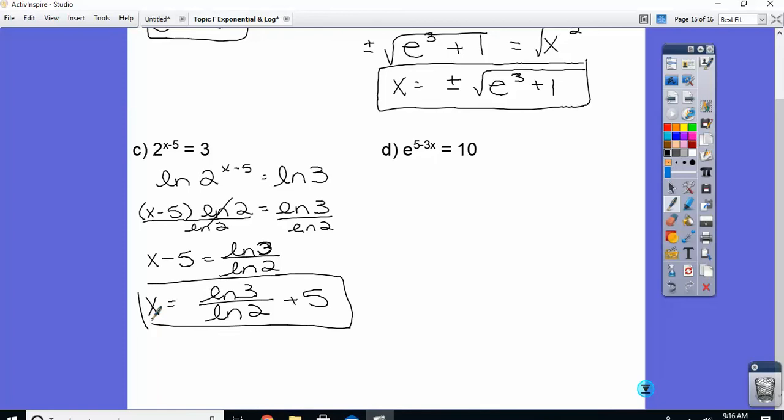That says e to the 5 minus 3x equals 10. Okay, first step.